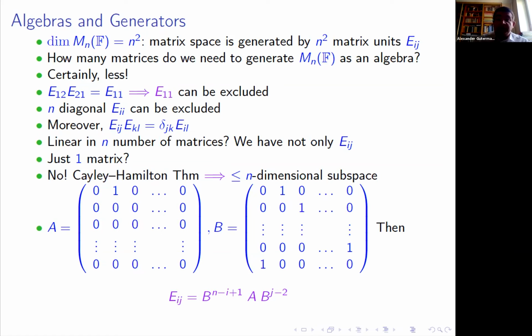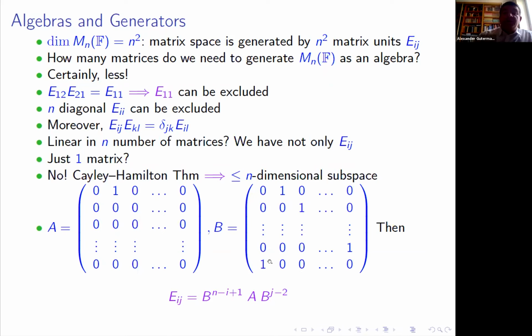In fact, it is very nice that the matrix algebra is generated as an algebra by two elements, to compare with n square for the vector space. Here I just gave a couple of matrices: the matrix unit E12 together with what is called the cyclic matrix.